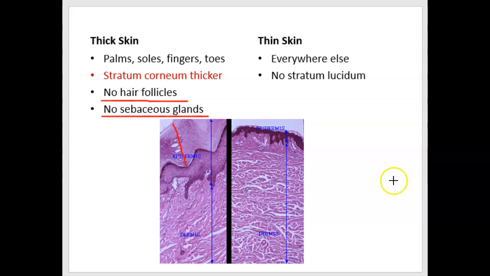And everywhere else in your body, you have thin skin. There's no stratum lucidum, and the stratum corneum isn't that thick. So just so you know, with thick skin and thin skin, always the dermis is thicker, but they categorize thick versus thin based on the thickness in the epidermis.